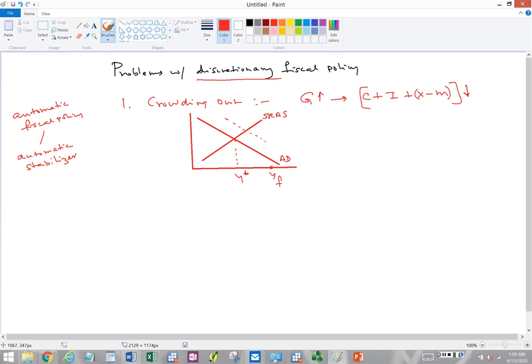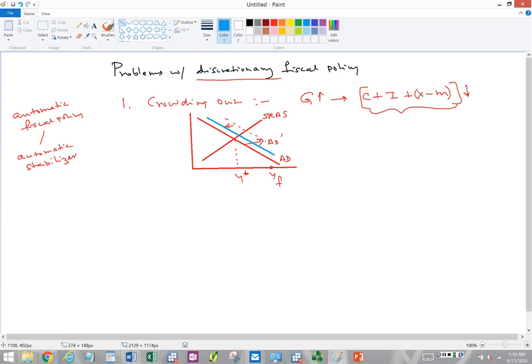But now, because of the other three spendings going down, the AD curve shifts back leftwards. So it went to the right because of the increase in government spending, but then it moved back leftwards a bit, so that in the end, the shift was much more modest than anticipated.